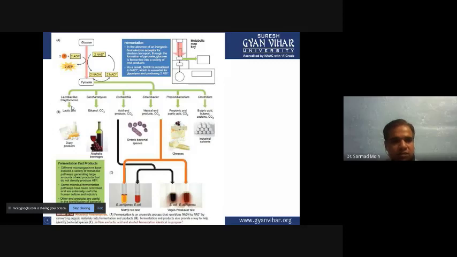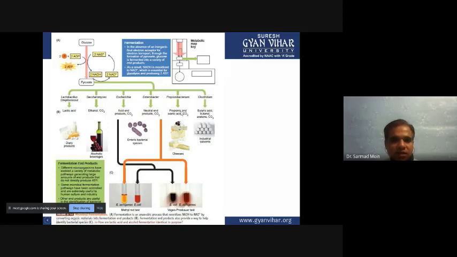Through anaerobic respiration, lactic acid will be produced by Lactobacillus and Streptococcus. Then yeast can produce ethanol and carbon dioxide. Then E. coli can produce acids and other products and carbon dioxide. Then Enterobacter will produce neutral products, which are not acidic or basic.